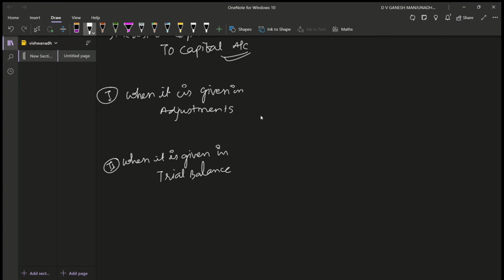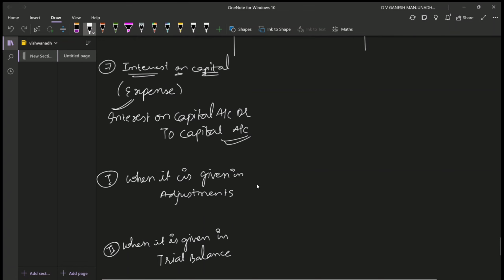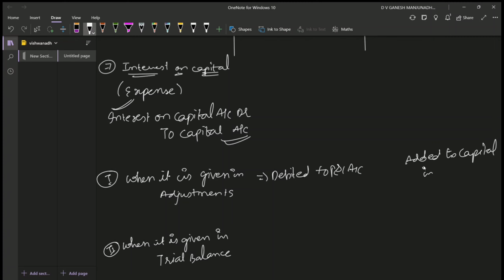When it is given in adjustments, as it is an expenditure, we have to debit to P&L account, and add to capital in balance sheet. Okay, it is to be debited to P&L account and it is to be added to capital in balance sheet.